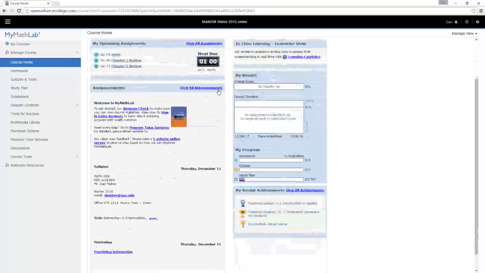The announcements here, this is a very good procedure to go through, with the first announcements from Pearson, the MyMathLab software company. They're talking about a tutoring service. I'm not sure if they charge for that.